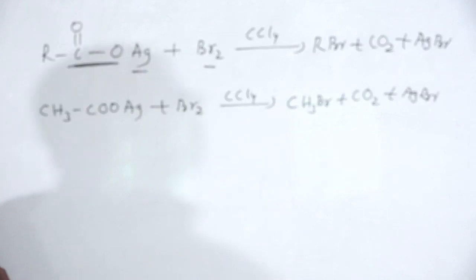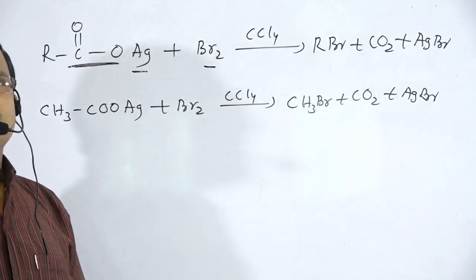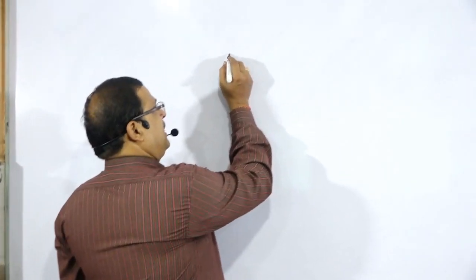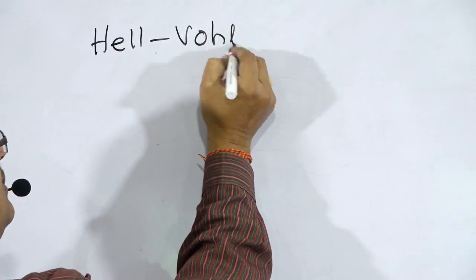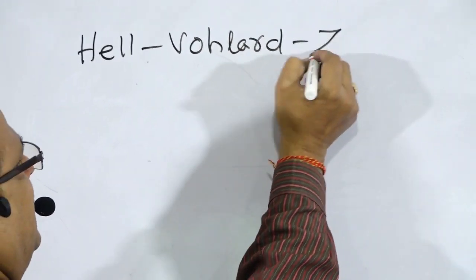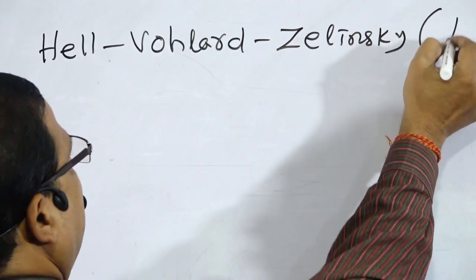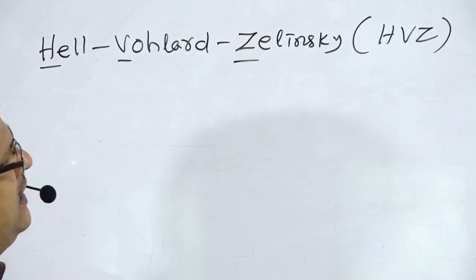Next, the reaction due to the R part, that is the HVZ reaction. What is the HVZ reaction? HVZ, that is the Hell-Volhard-Zelinsky reaction.